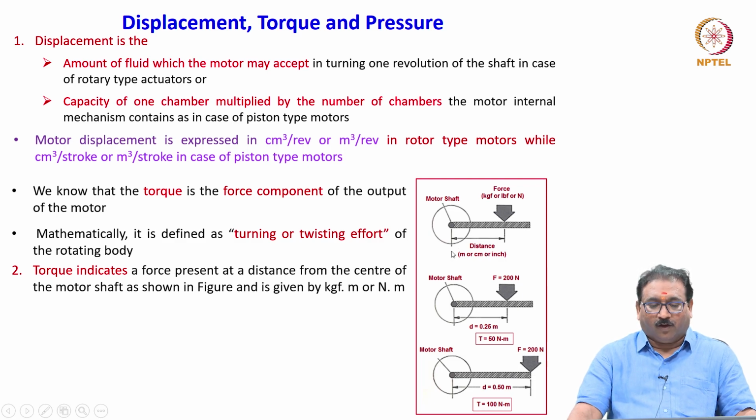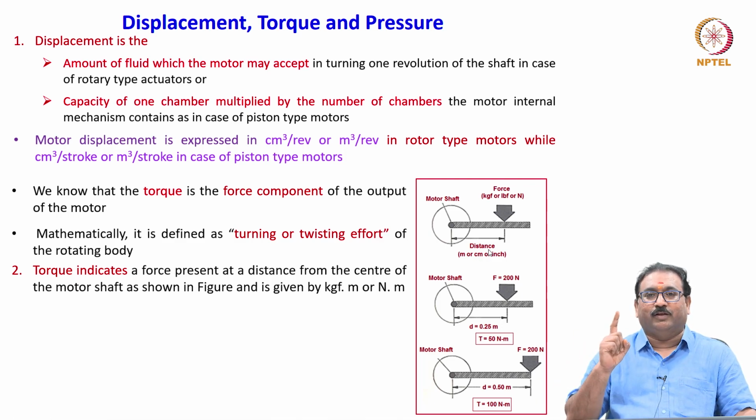The torque indicates a force present at a distance from the center of the motor shaft and is given by the force multiplied by the distance. Force may be in kgf or pounds or newton, whatever it is, and this distance is in meter, centimeter or inch. Please take care of the units while calculating the torque or whatever it may be. The units are very important, all should match.